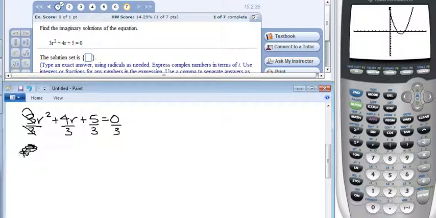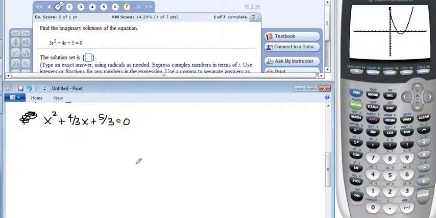I'm going to change these to x's. I can't stand working with r's. Then I've got x squared plus 4/3 x plus 5/3 is equal to 0. So that's my first step, I got to get rid of that leading coefficient, turn it into a 1. Then I've got to get this thing on the other side, so I would subtract 5/3 from both sides.